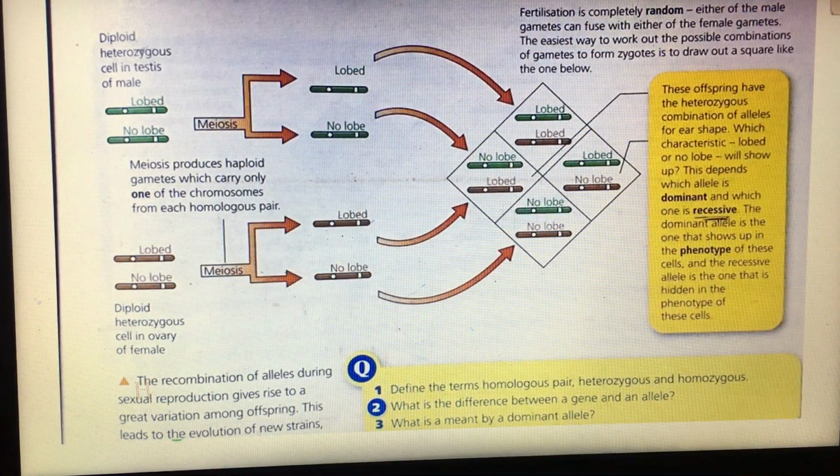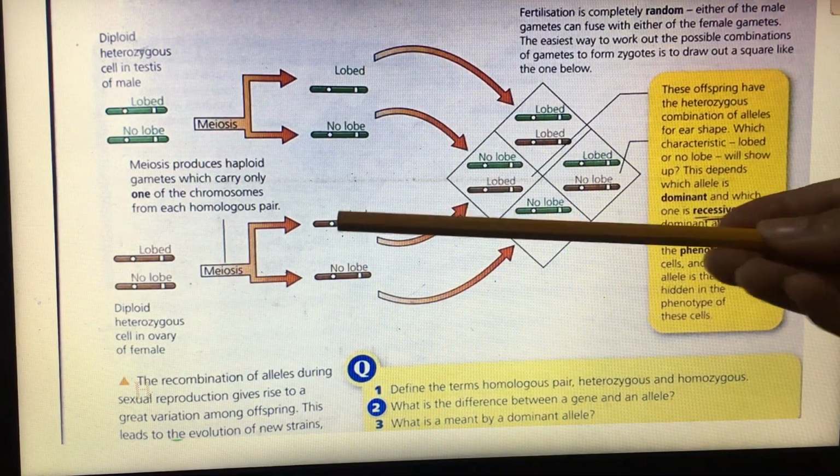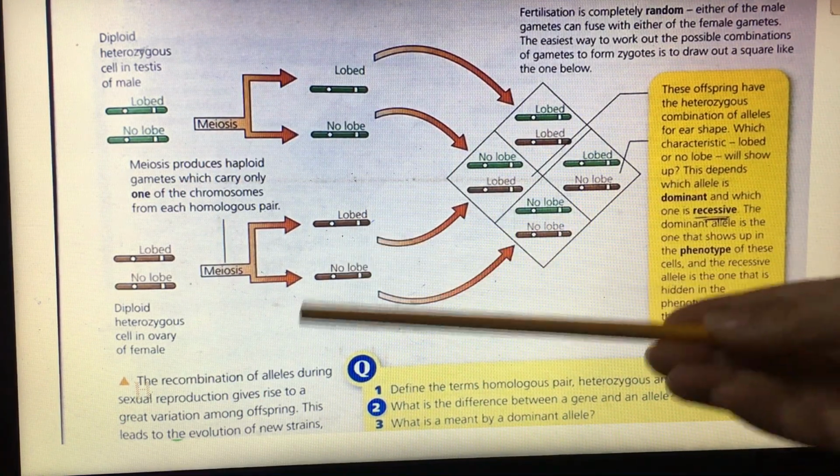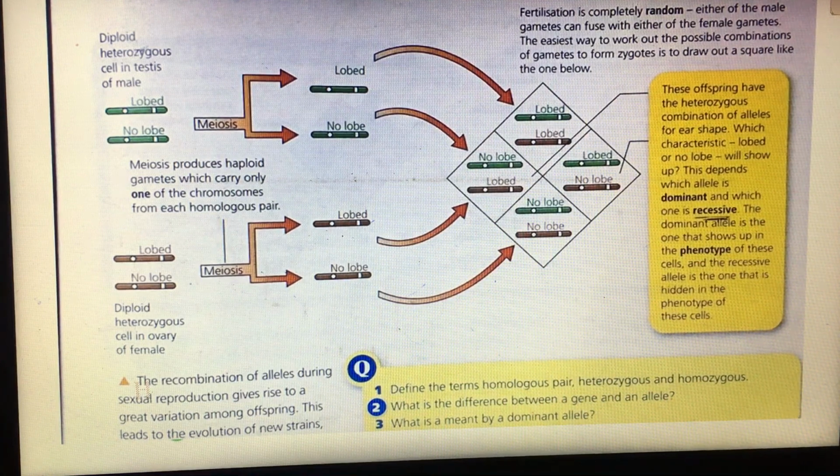After meiosis, meiosis produces haploid. Haploid means n. So gametes carry only one of the chromosomes from each homologous pair. So also we have looped and the second cell no loop ear shape. So in the fertilization process, the resulting zygote may have a number of different possible allele combinations.